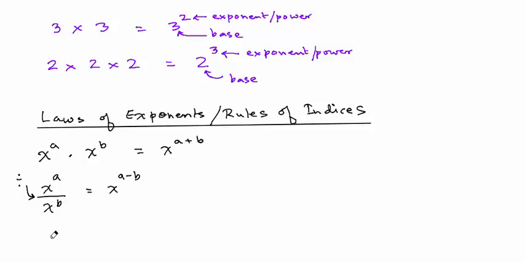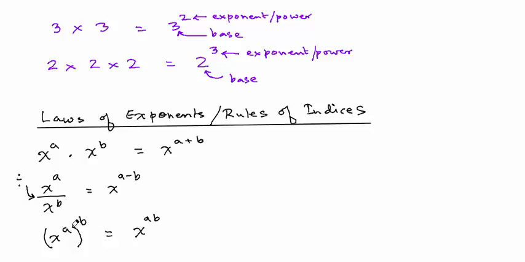And then if you have an exponent x raised to the a, and that itself has been raised to another exponent b, this is going to be equal to the same base x raised to the a multiplied with b. So the exponents are multiplied when an exponent has been raised to another exponent. Once again, it's pretty obvious.